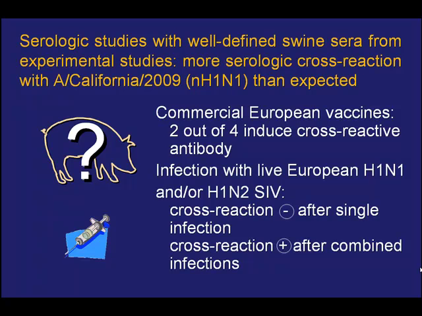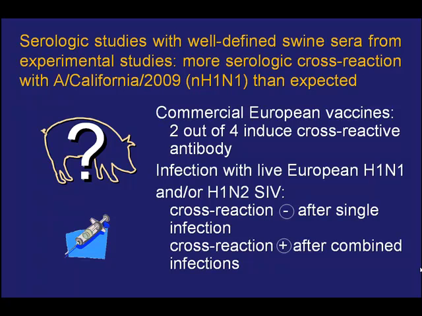So to get a preliminary sense about potential cross-protection between established swine viruses and novel H1N1, we started with a very simple serological study with well-defined sera from experimental studies.